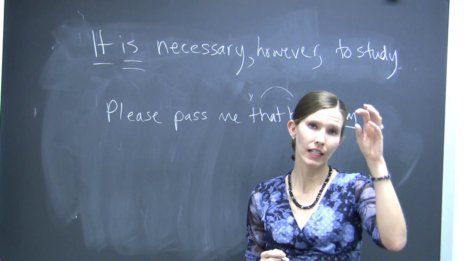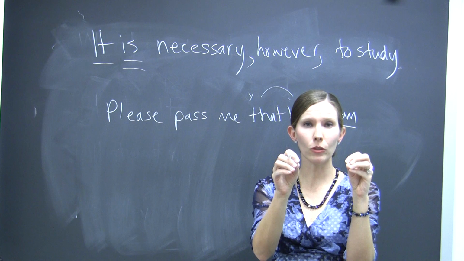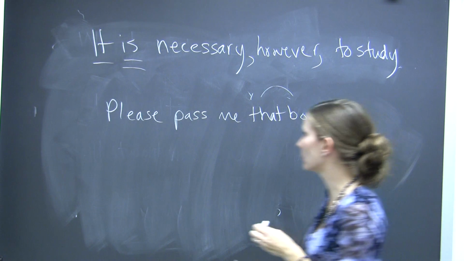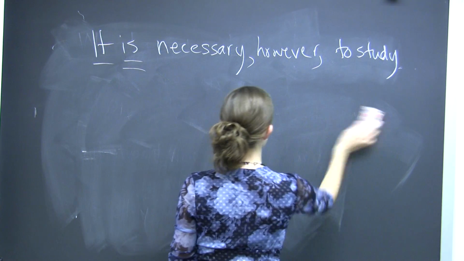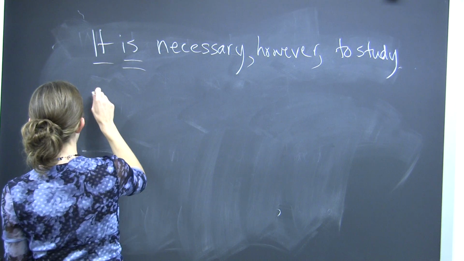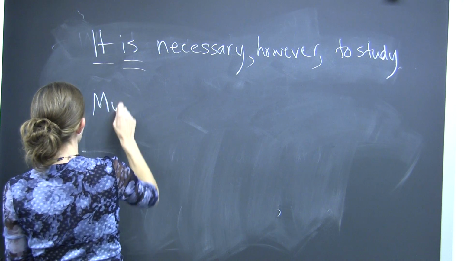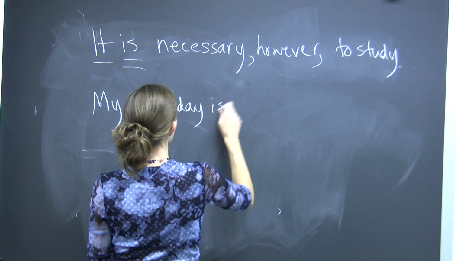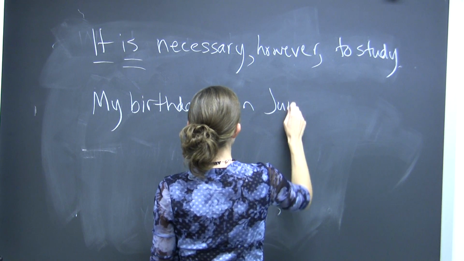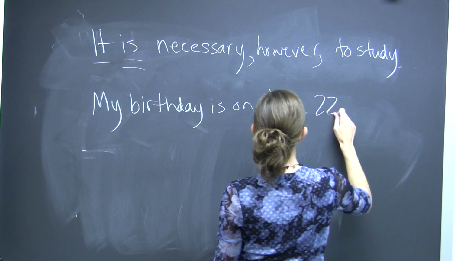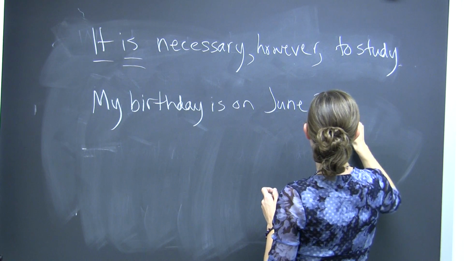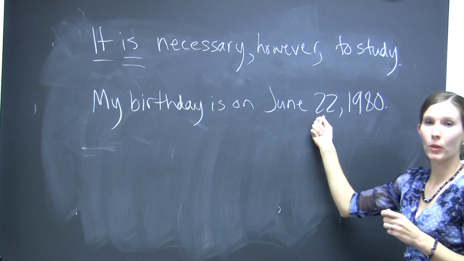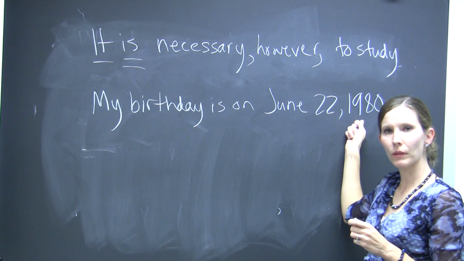You separate the day in a date from the year with a comma, and the year from the rest of the sentence with a comma. So for example, I separate the day from the year with a comma.